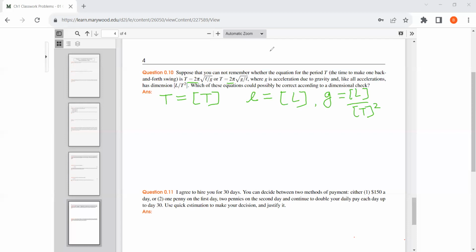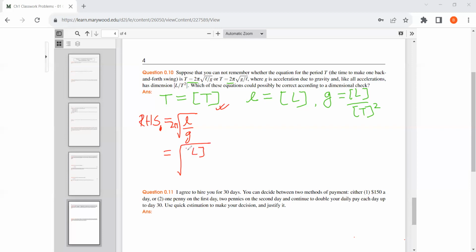Now, the left hand side for both is T. So we have to check basically the right hand side for the first equation and the second equation. The right hand side for the first equation is the square root of L over G, right? 2 pi does not have any dimension, so I can ignore it.